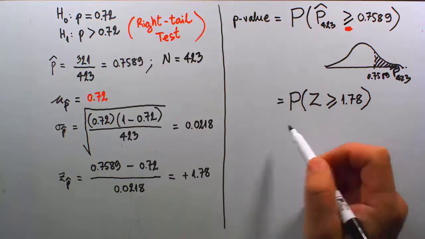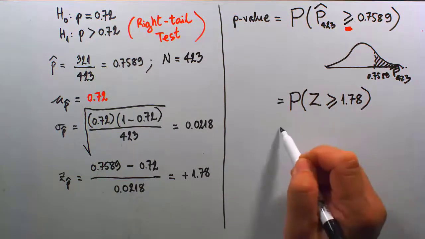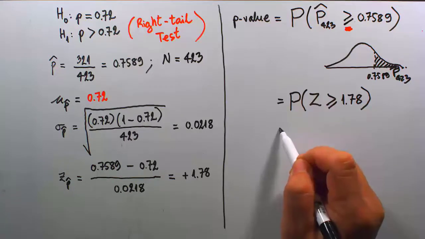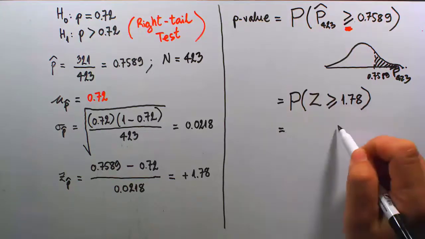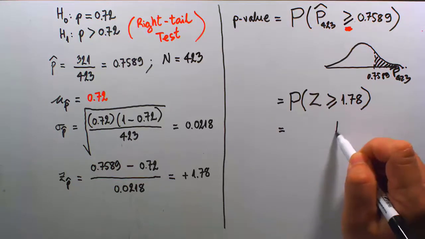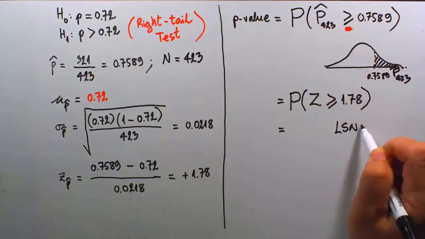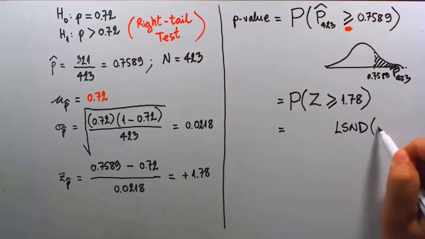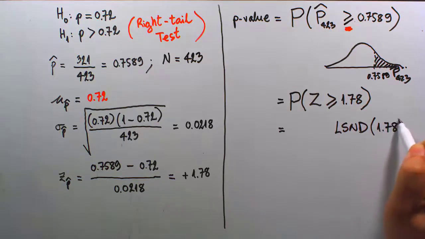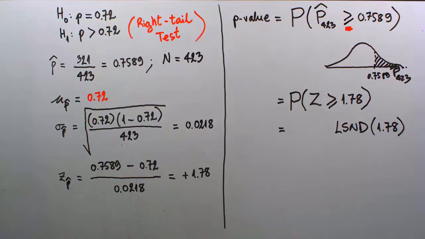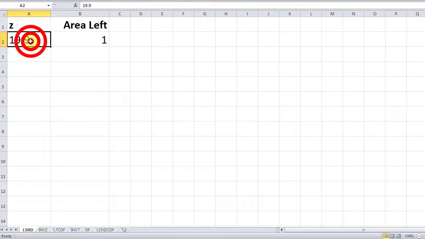And now at this point, we are going to be using our LS&D program. When the LS&D program asks for a z-score, we provide 1.78. On my screen, with my LS&D program ready, I enter 1.78 for the z-score and hit enter.